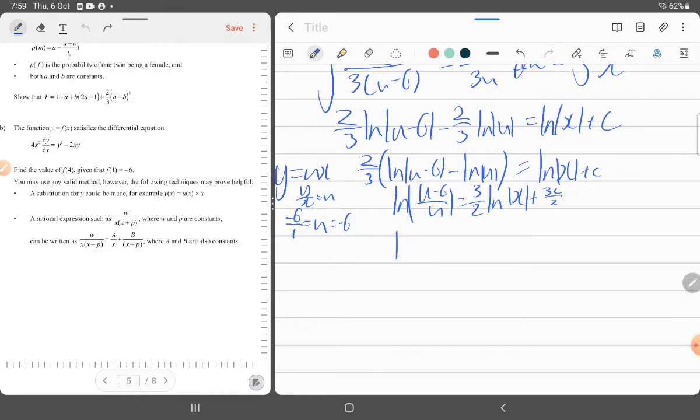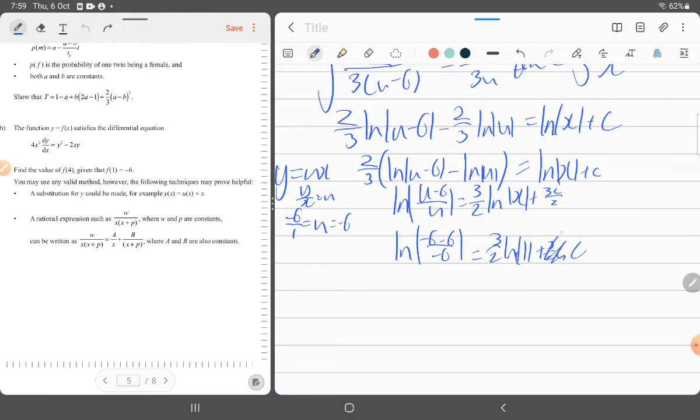So natural log of the absolute value of negative 6 take away 6 over negative 6 is equal to 3 over 2 natural log of 1 plus c.